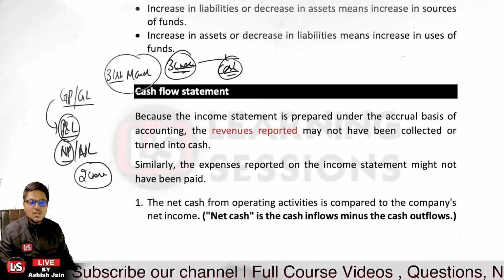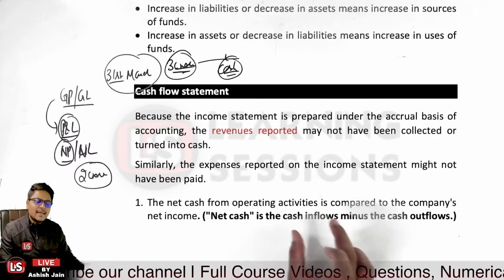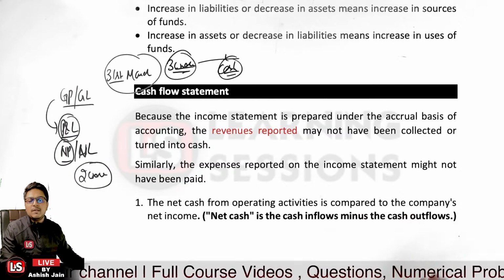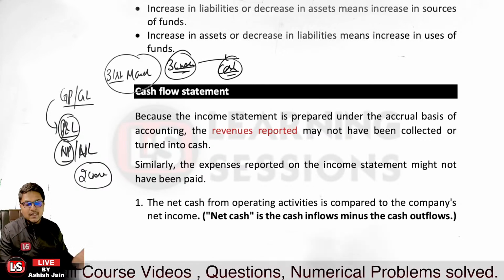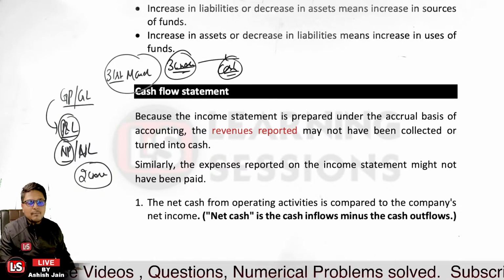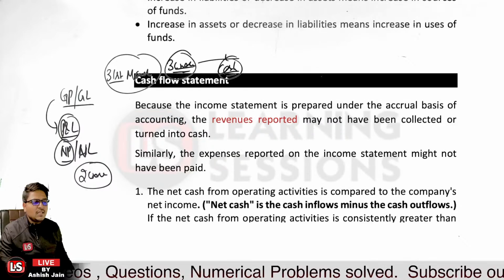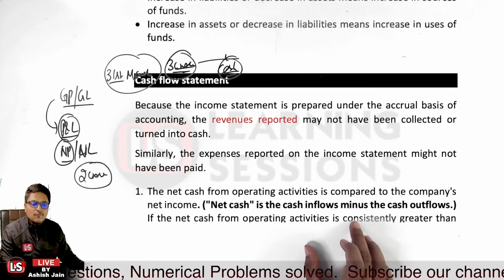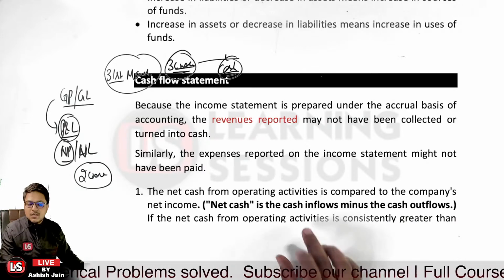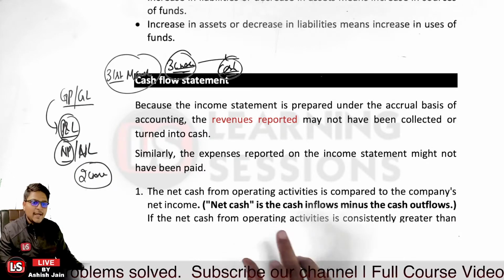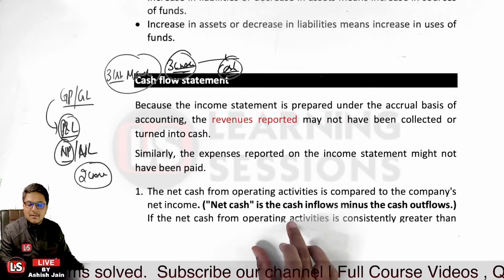Okay, so the net cash from the operating activities is compared to the company's net income. That is, net cash is the cash inflows minus the cash outflows. That is the net cash. Then it is compared with the net income itself.